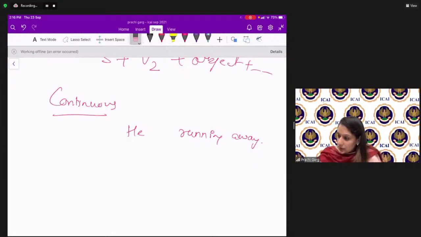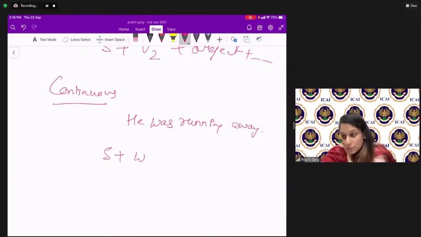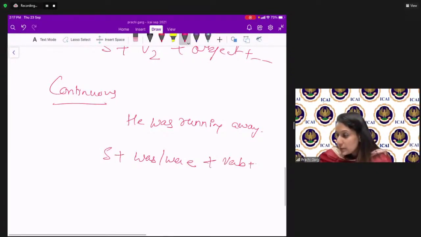Now, what is the sentence structure? You have the subject. Then you have the auxiliary, which is was or were, depending on the singularity or plurality of the subject. If the subject is singular, you will use was. If the subject is plural, you will use were. Then you have the verb joined by ing.